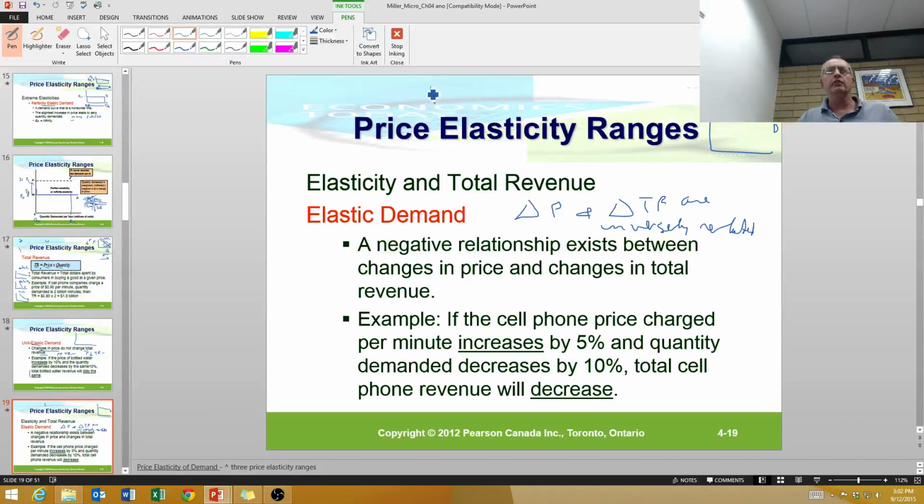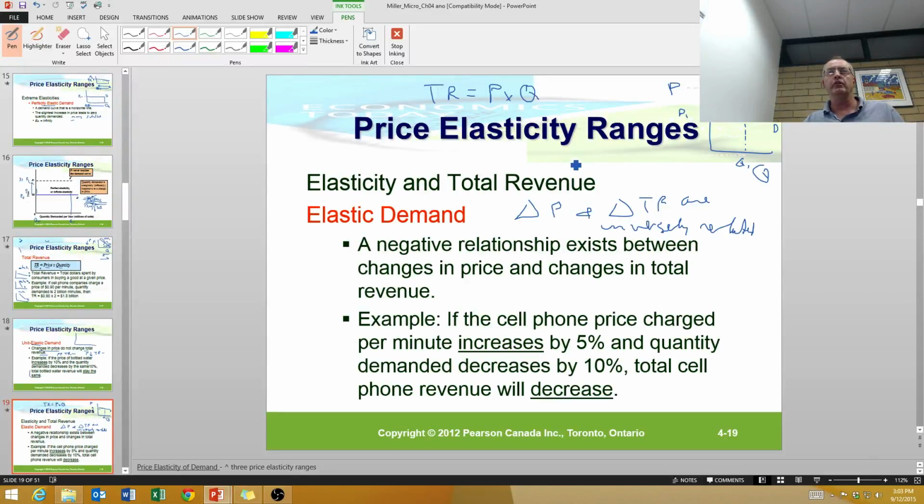The total revenue, as we mentioned before, and as we kind of know intuitively, equals price times quantity. So here's our demand curve, here's our quantity on the bottom, here's our price on top, here's P1, here's Q1.